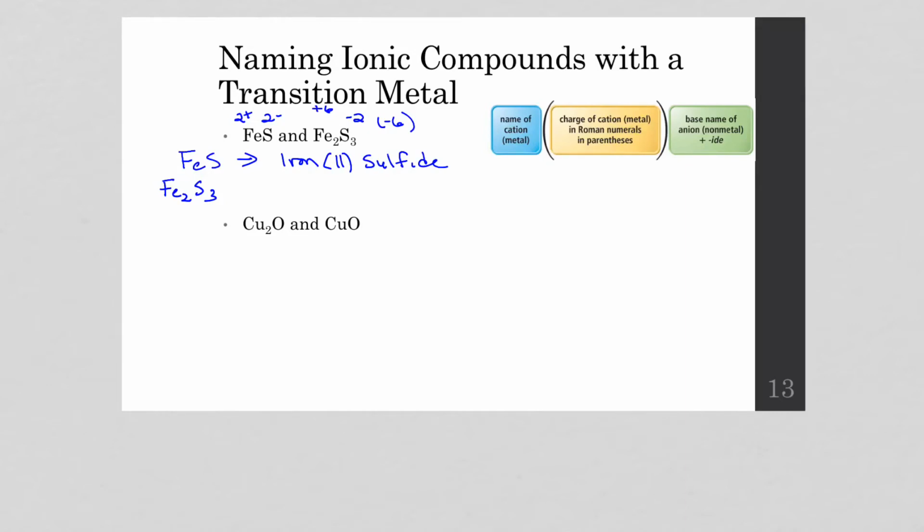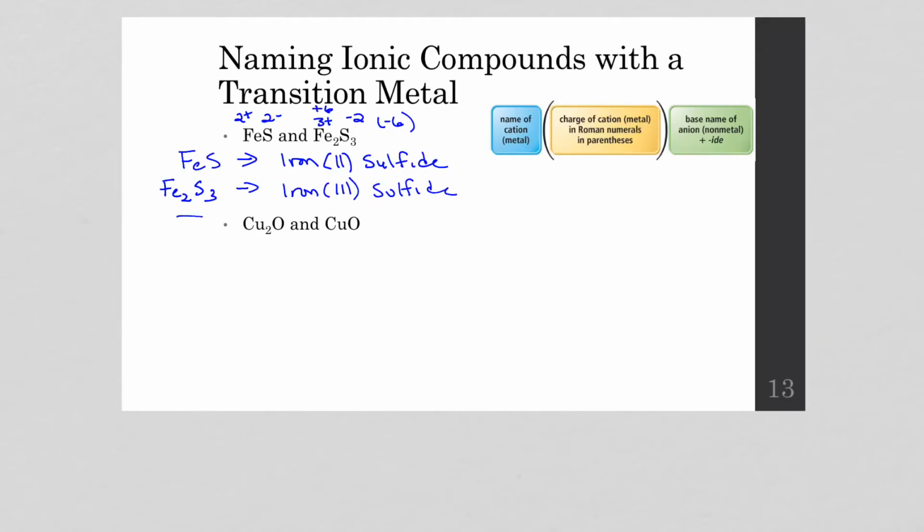I have 2 irons to split up this +6 charge, so each iron must be a 3 positive charge. So we have 2 +3 irons giving +6, and 3 -2 sulfurs giving -6. And so the name of this becomes, again, iron, but this time 3 sulfide. So the way we distinguish between these two compounds is by putting the Roman numeral of the charge. We have either iron 2 sulfide, which is this compound, or iron 3 sulfide, which is this compound.